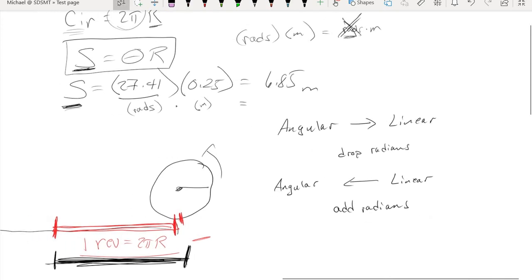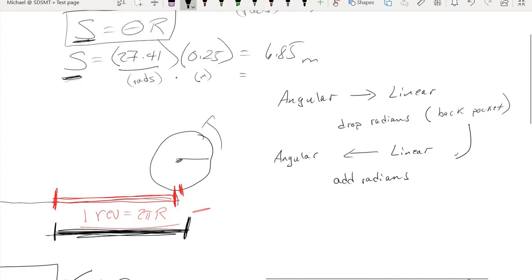Now again, this is kind of hand-wavy, so what I like to tell my students is that when we convert from angular to linear, you're not going to drop the radians, you're just going to hold on to them. So put them in your back pocket. Because at some point later, you're going to need them.